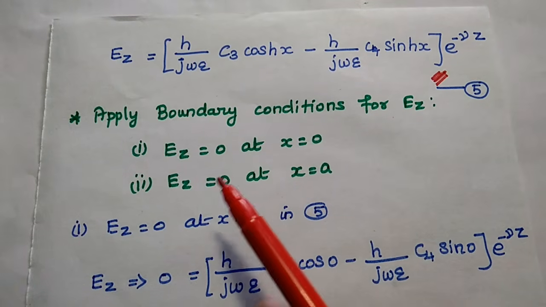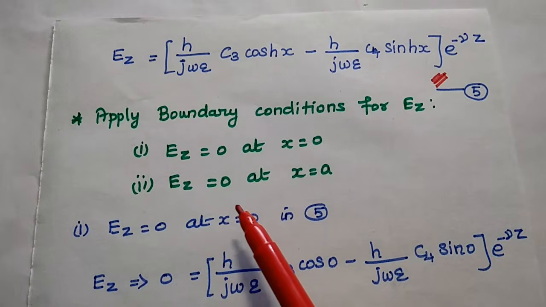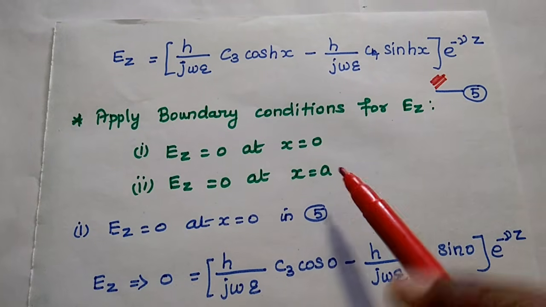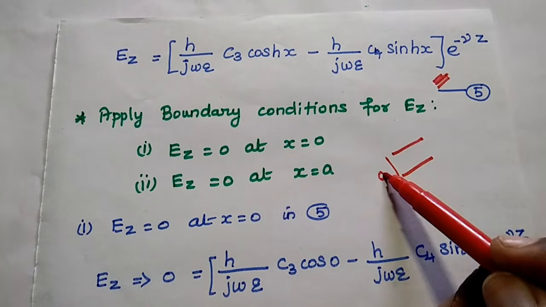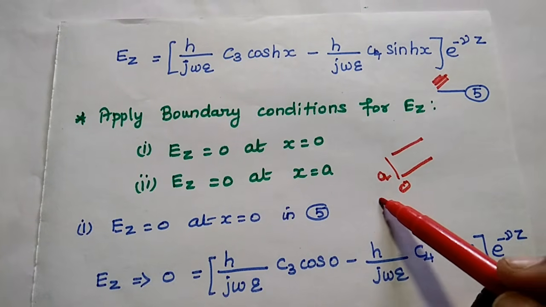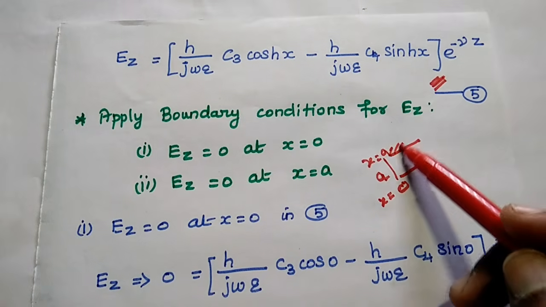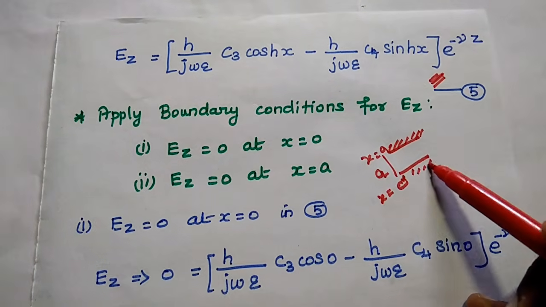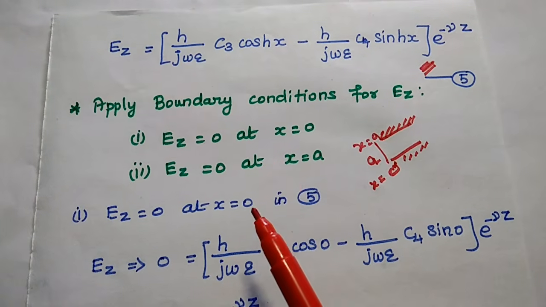One is Ez value is 0 at x is equal to 0. Ez value is equal to 0 at x is equal to a. That means, as I told you, the parallel planes, the distance is a. So we can consider x is equal to 0 to x is equal to a. That means on the surface, the Ez value is equal to 0. That is the boundary condition over here.